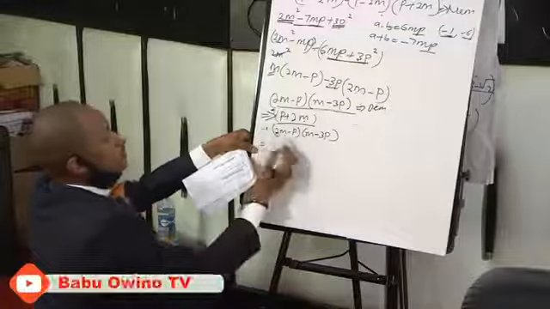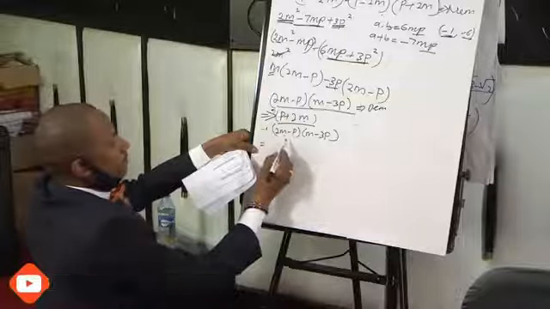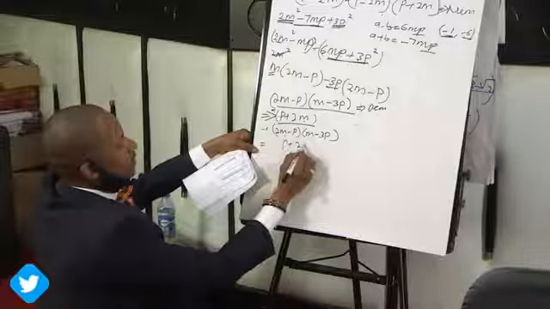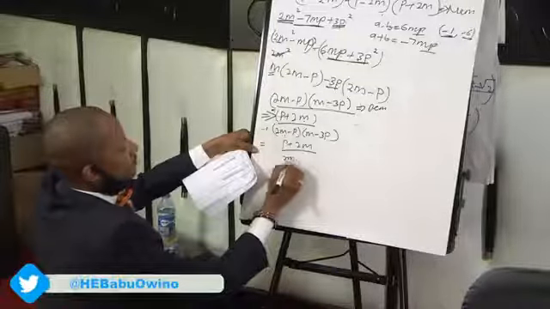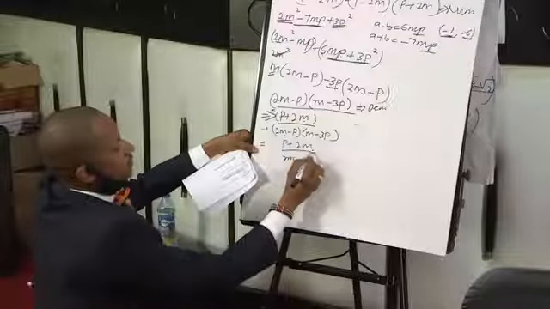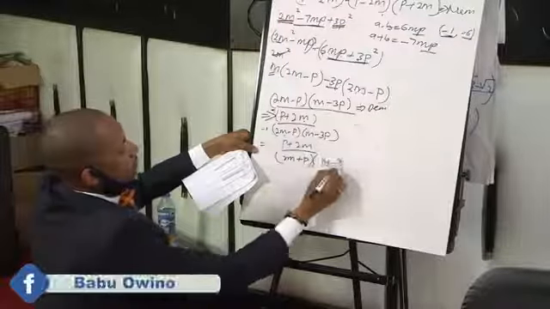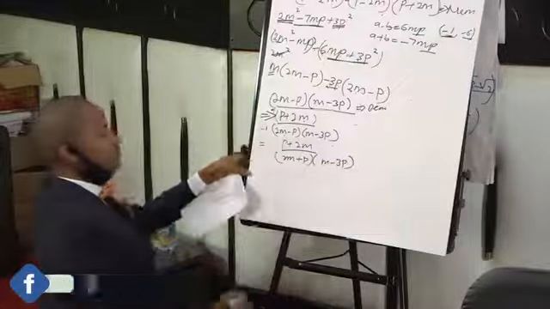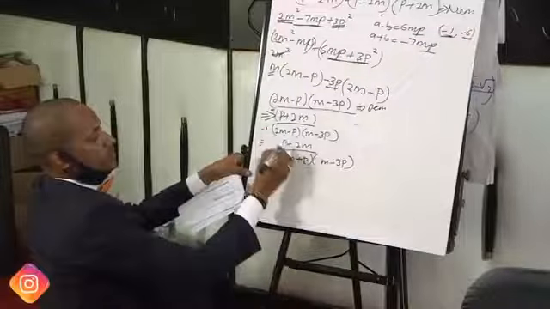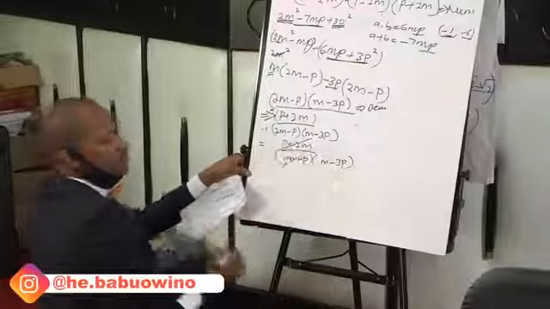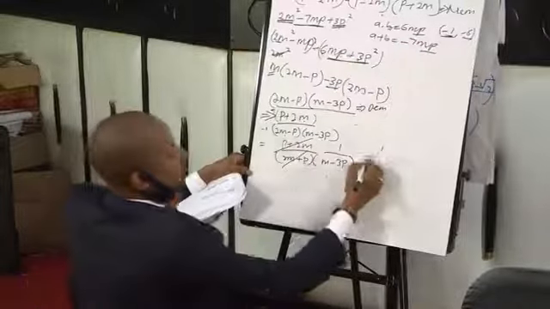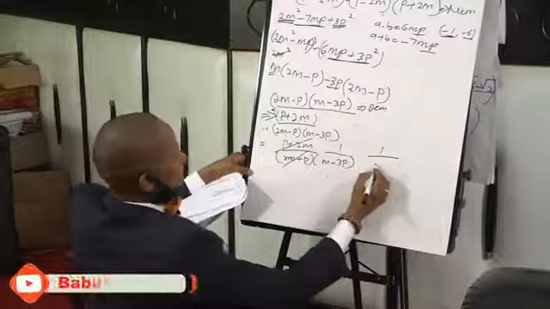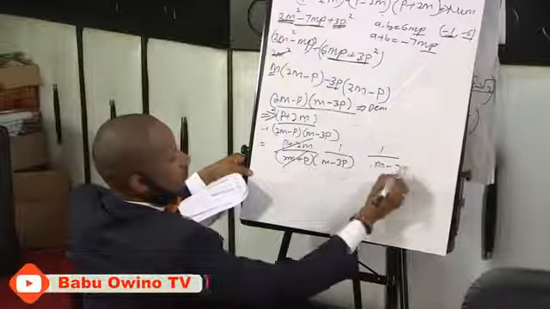So when you open this, you will get p plus 2m divided by 2m plus p into m minus 3p. So 2m plus p and 2m plus p cancel. So here you remain with 1 divided by m minus 3p.